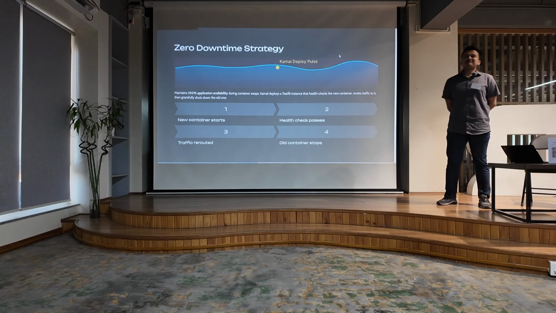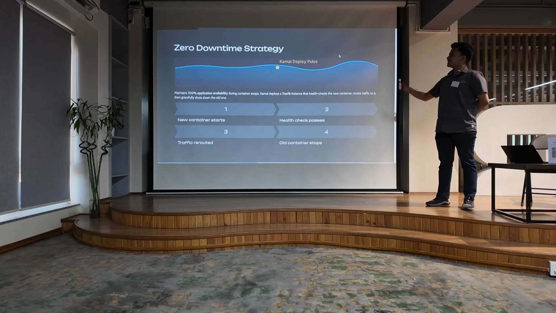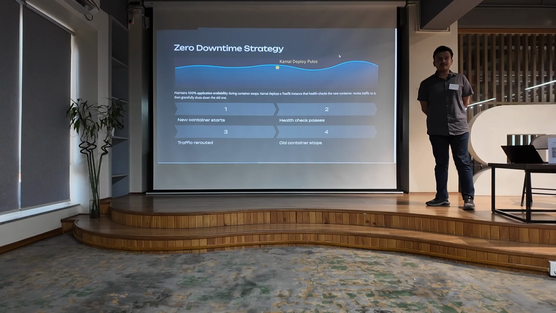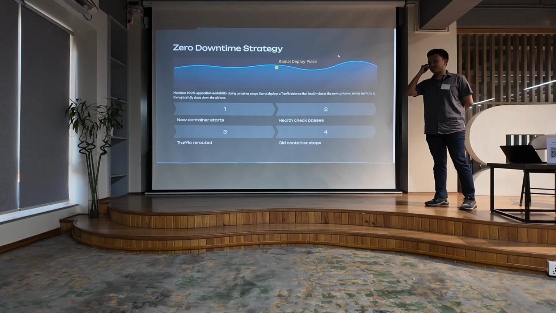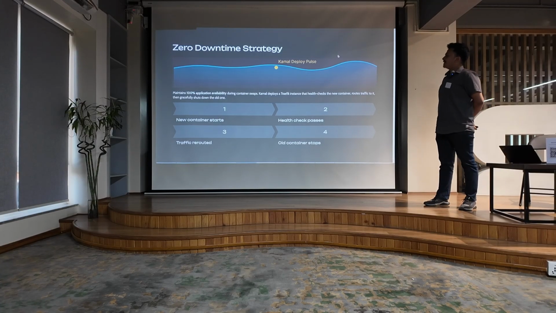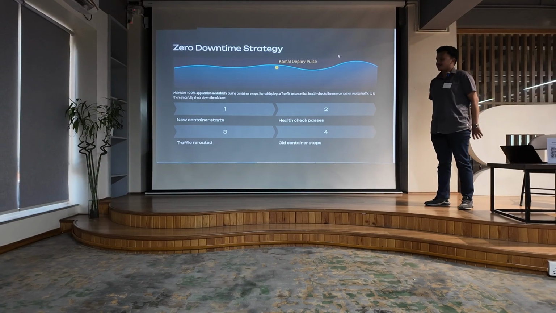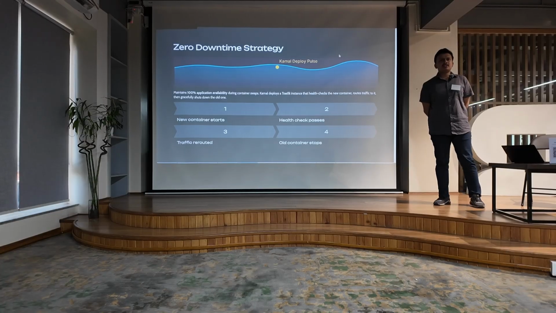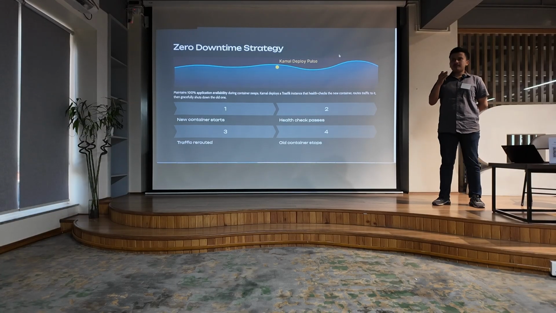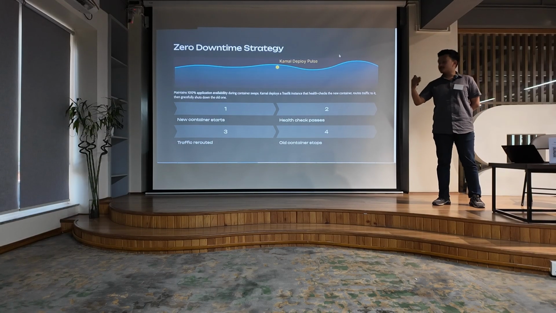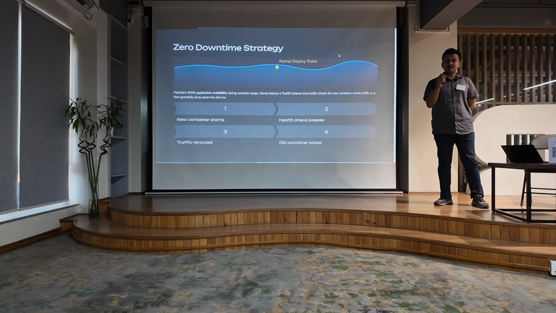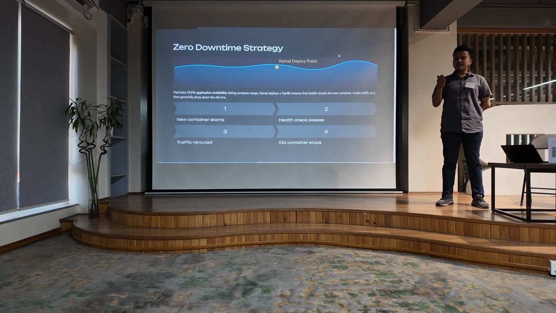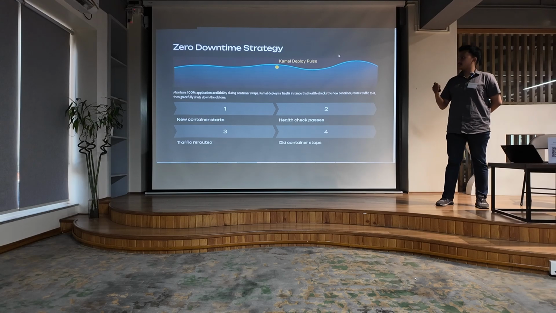Kamal also uses a zero downtime strategy, which is kind of interesting and lucrative if you look at Kamal. How does it do it? Firstly, Kamal builds the app and deploys the app on the server using the traffic proxy, so that the previous version of the application is still active.